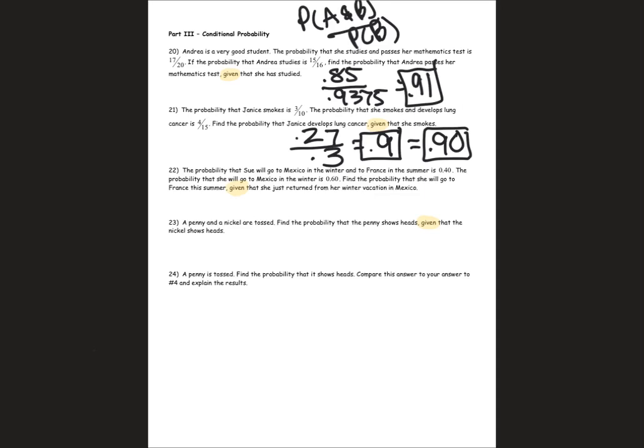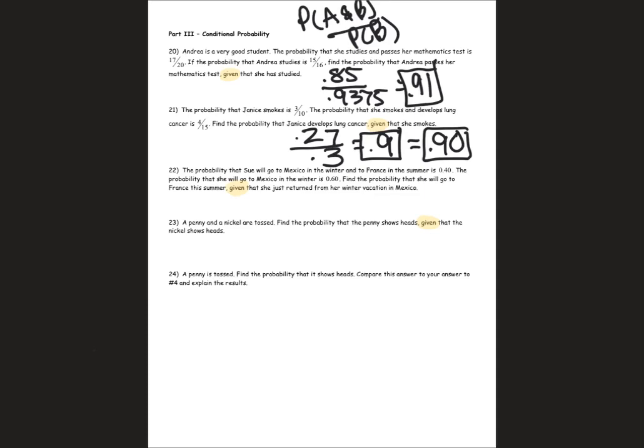Okay? Now, if your answers are a little bit off than mine, if they're like 0.88 or 0.89, it's just because I rounded in my numerator, but it shouldn't throw off your answer too much, okay? Number 22, the probability that Sue will go to Mexico in the winter and to France in the summer is 0.40.